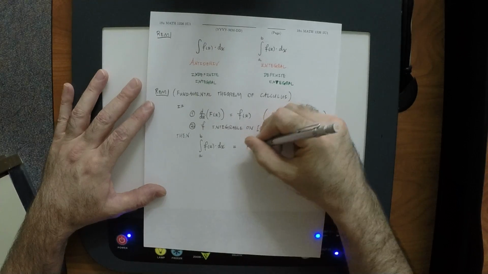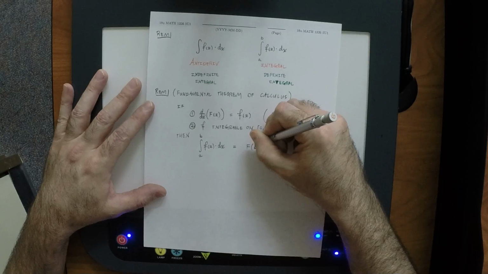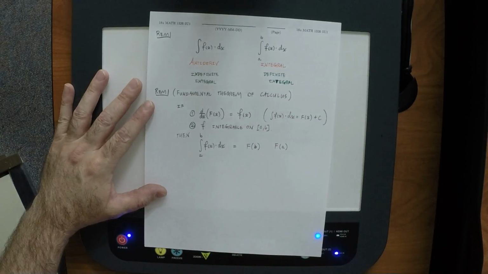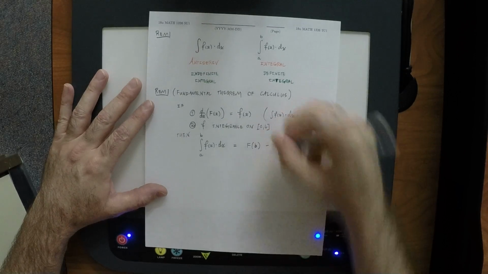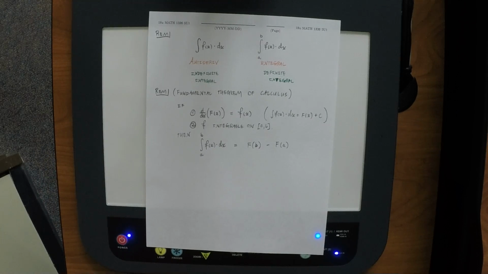You evaluate the antiderivative once. You evaluate the antiderivative twice. And then you take those two evaluations and subtract them. You don't have to cut stuff into rectangles. You just evaluate the antiderivative twice and subtract those two evaluations.